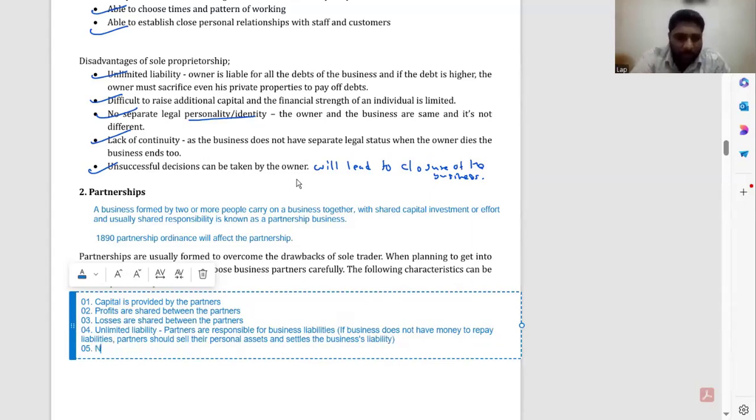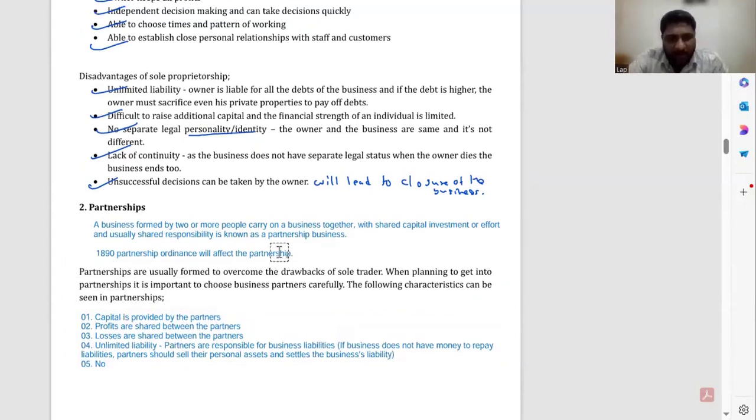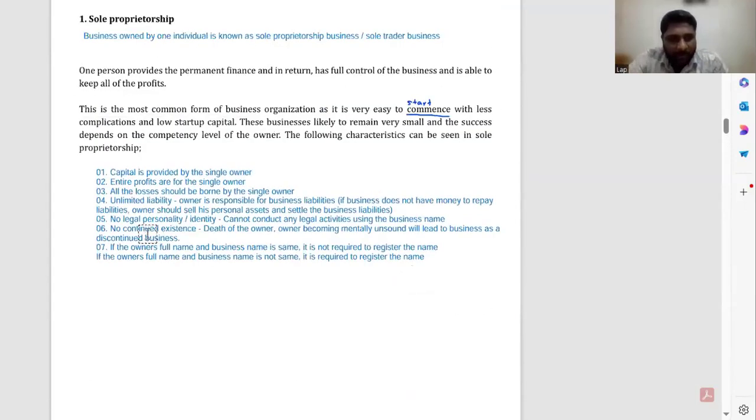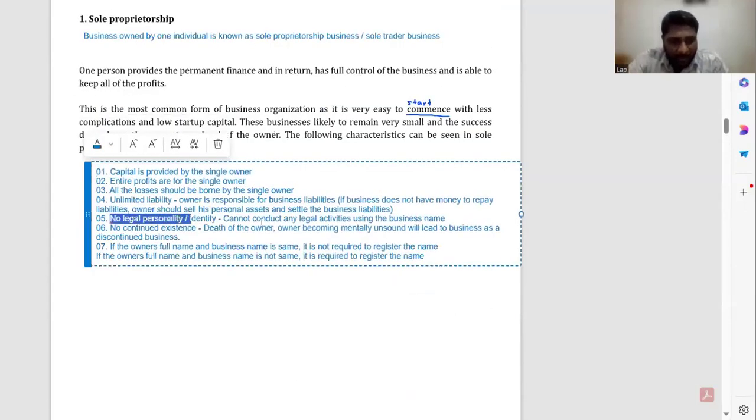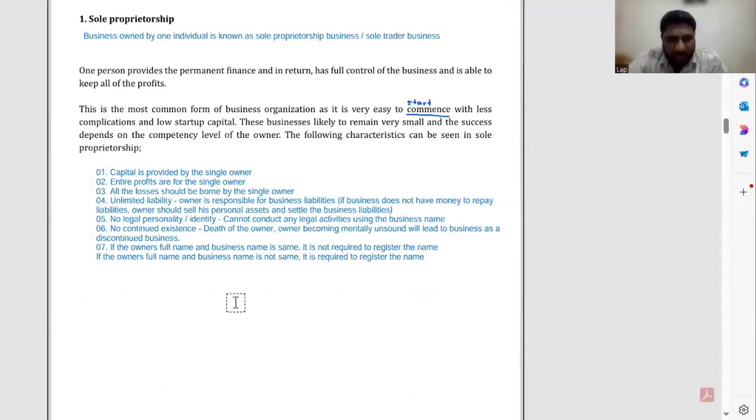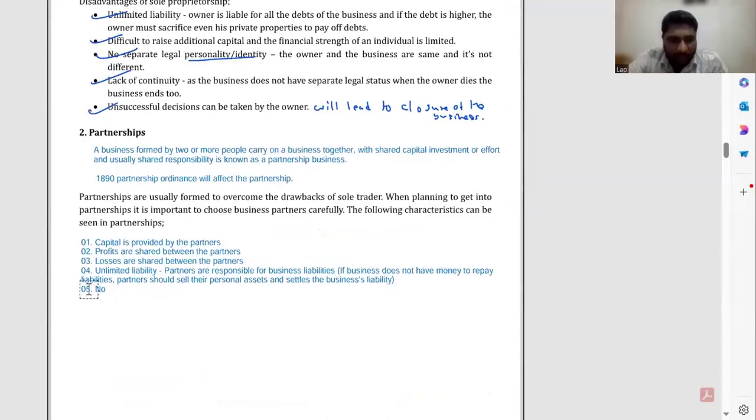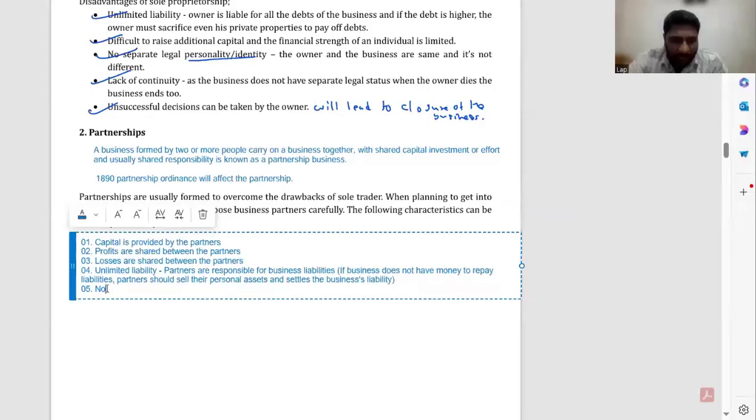And here also, I'll just copy it from this one paper. For me, it's easy. No legal personality or identity. He also said no legal identity.